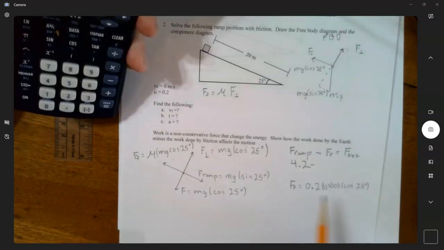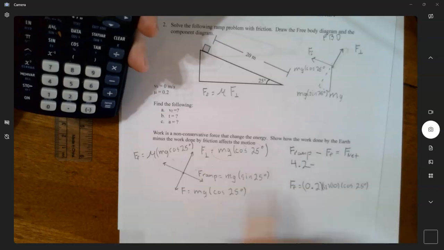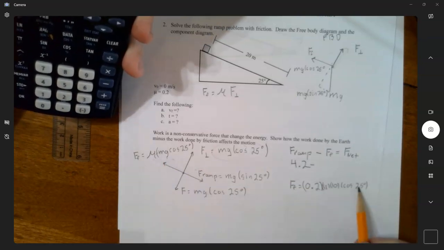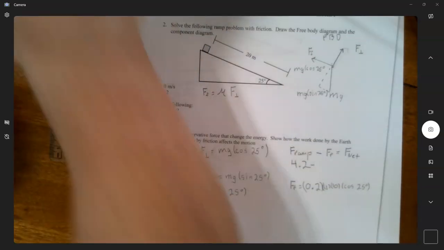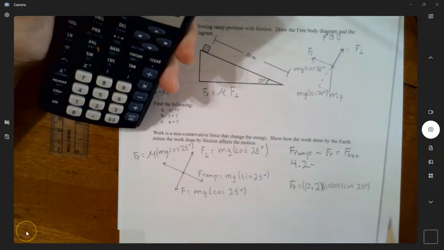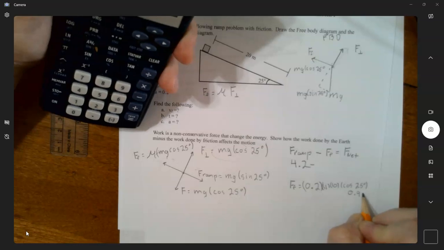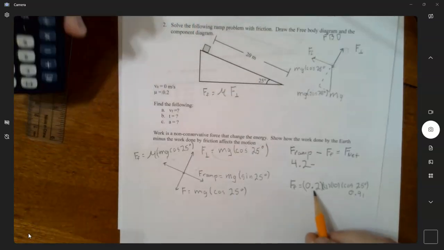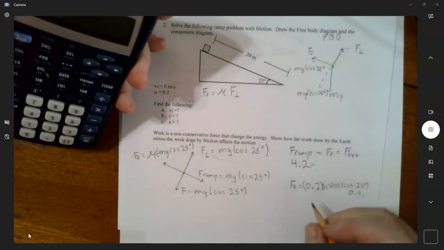minus. Okay, so the friction force is going to be mu, which is 0.2, times the mass times gravity, 1 times 10 again, and now that's the cosine of 25, which is 0.91. When we multiply all this out, the coefficient of friction, m and g, 1 times 10, and the cosine of 25 is about 0.91.